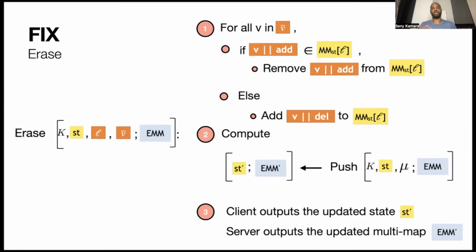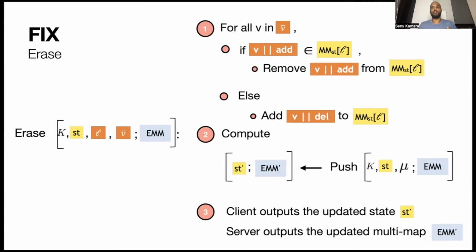Now, suppose I want to erase values from L's tuple. So I'm going to do something similar. I'm going to look at all of the values V in the tuple that I want to delete, and I'm first going to check my stash. So I'm going to say, okay, do I have a flagged version of the value V in my stash?